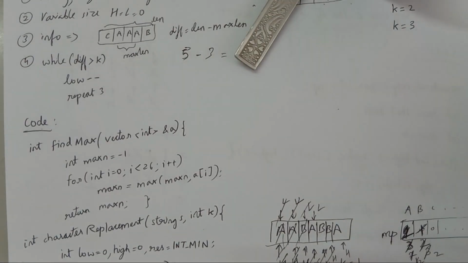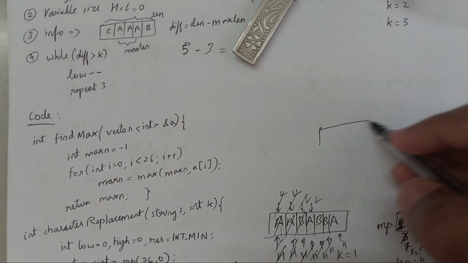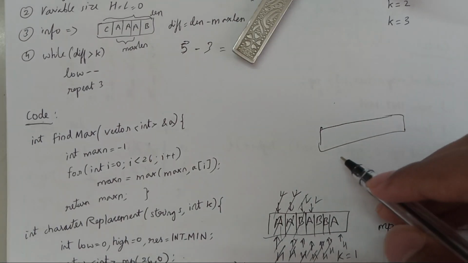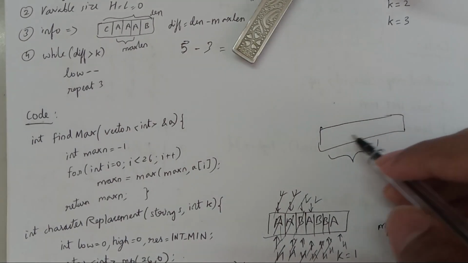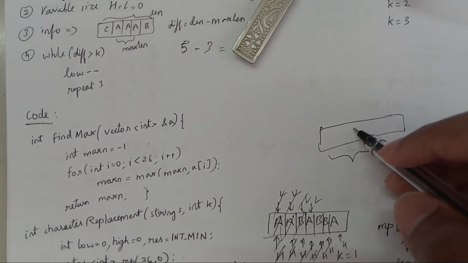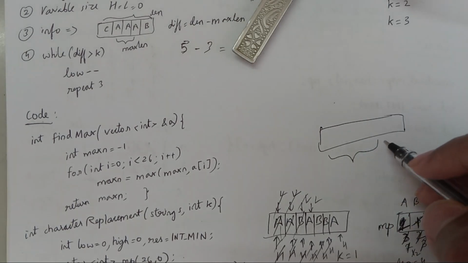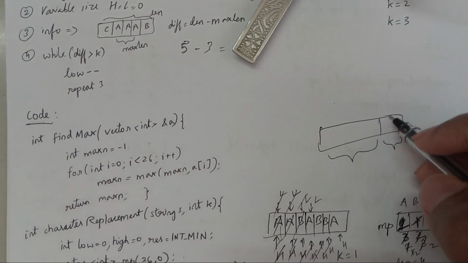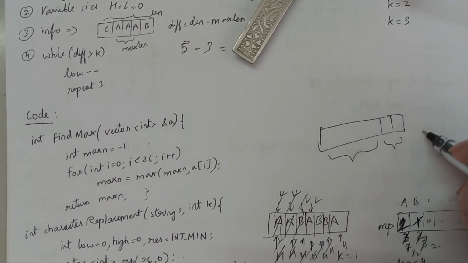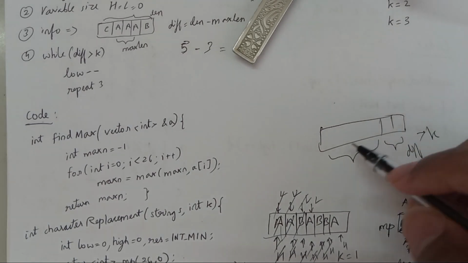So if this is the length of the sliding window, if this is max, then we don't need to change it. The difference should not be greater than k. If it is greater than k, then we reduce the window size.